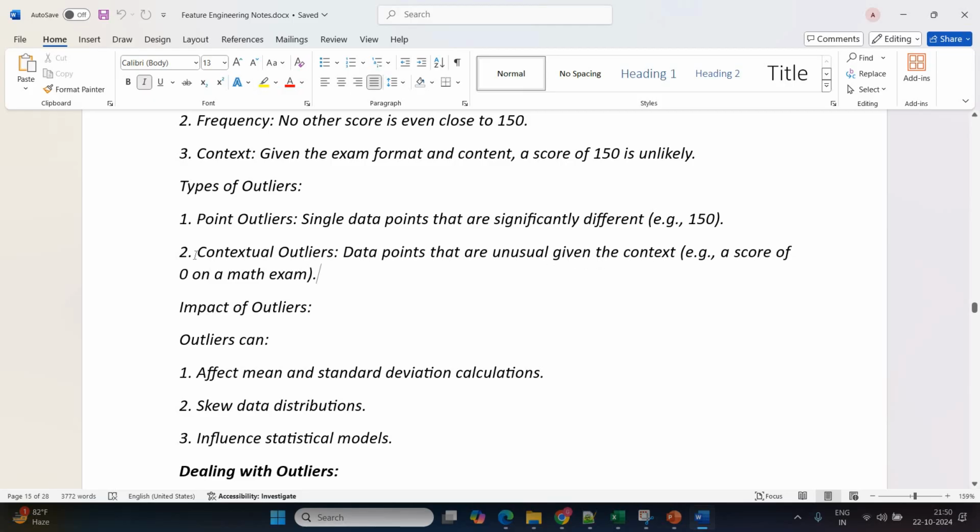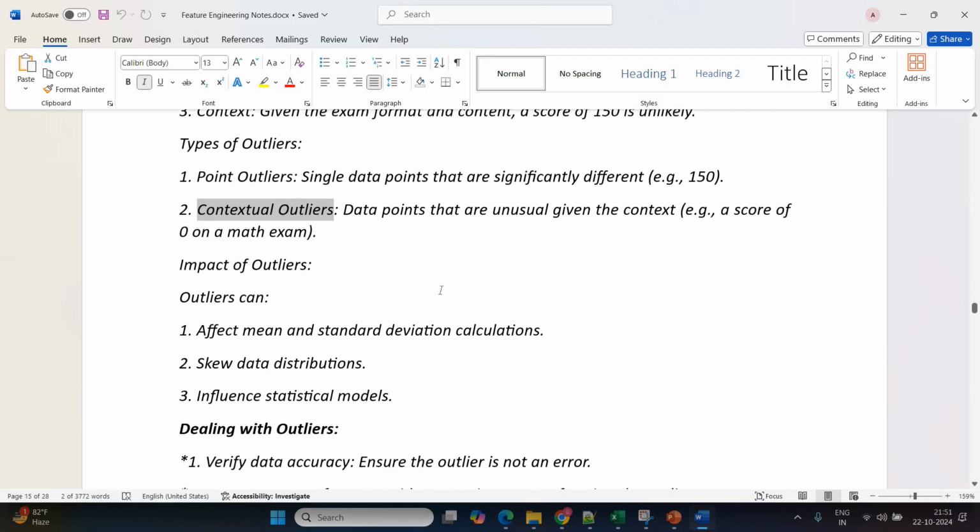Here the context is the exam, and in the exam context, the values are not unusual, right? The values are very much unusual if it is 150, right? So these are the outliers that are very far away in terms of point outliers and in terms of context as well.